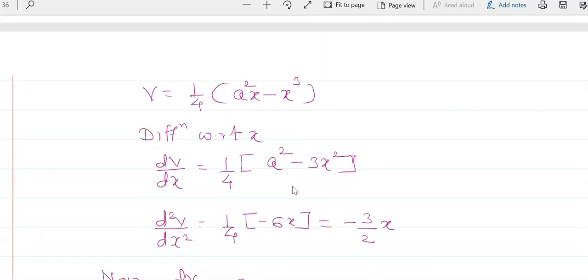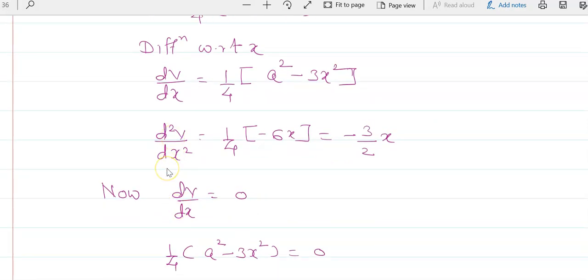Now differentiate this with respect to x. dV upon dx is equal to 1 by 4 in bracket A square minus 3x square. Its second derivative, d2V upon dx square, is equal to 1 by 4 into minus 6x, and that is equal to minus 3 by 2 into x.